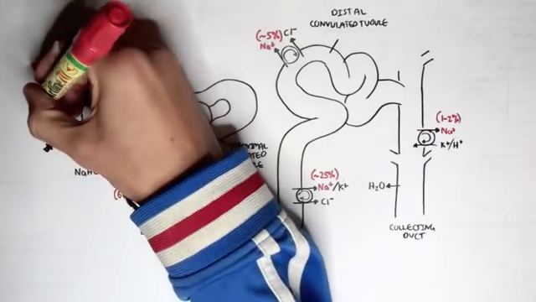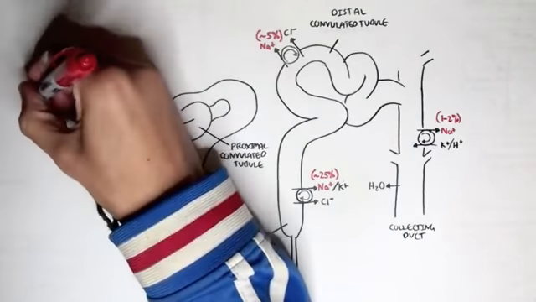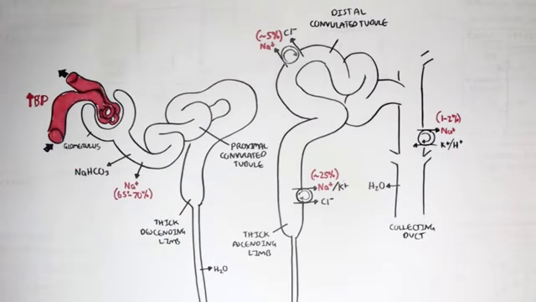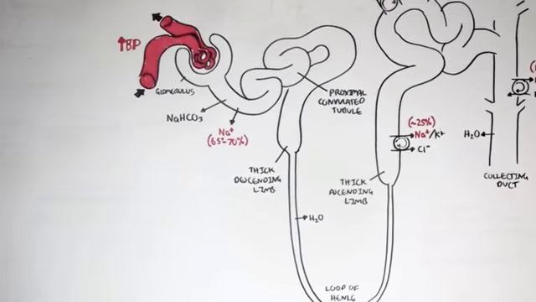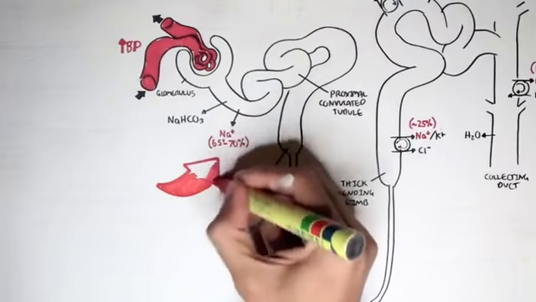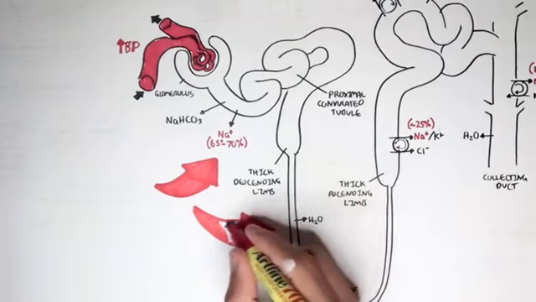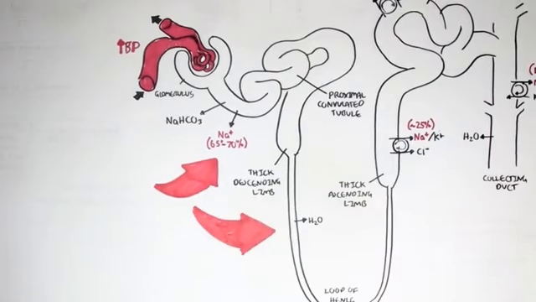So now let's look at a scenario where we have an increase in blood pressure and see how diuretics work to decrease blood pressure. The first type of diuretics we'll talk about is osmotic diuretics, and they work in the proximal convoluted tubules and also the loop of Henle.